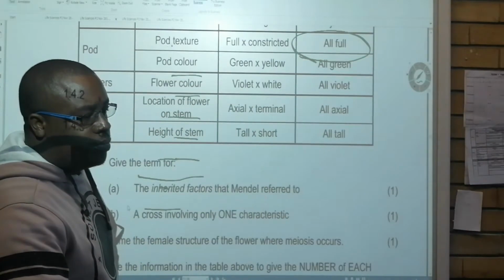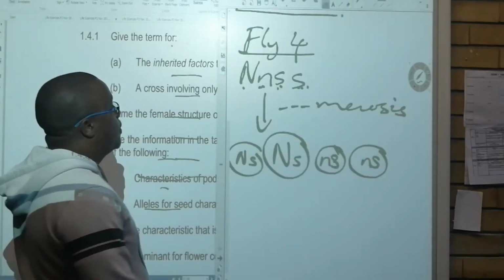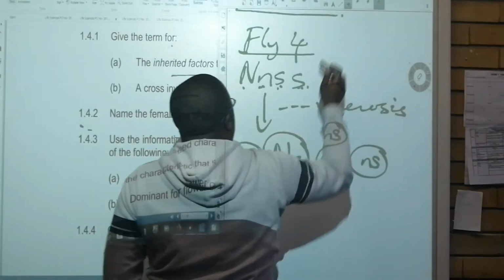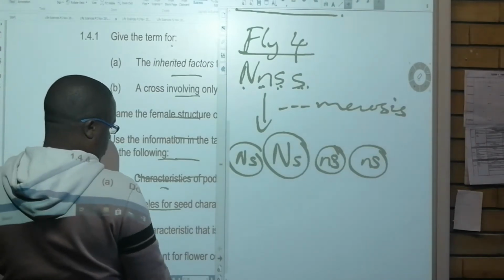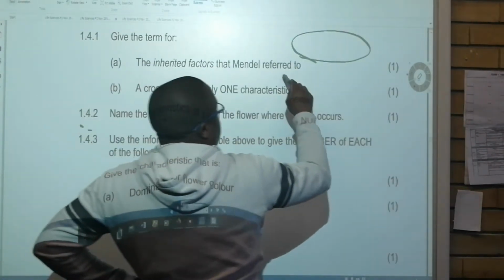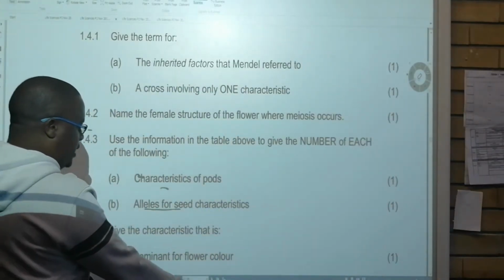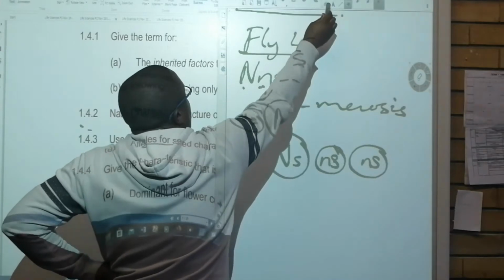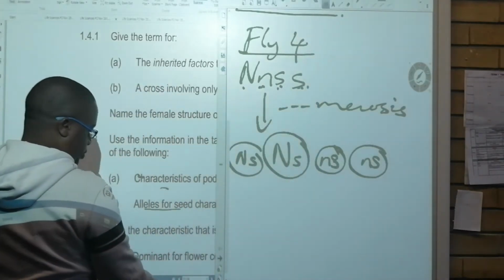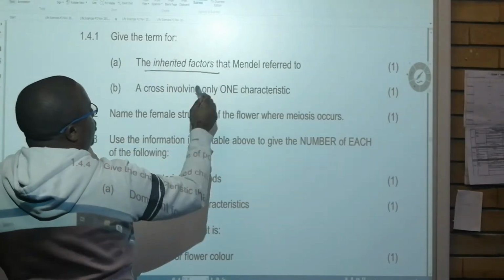Give the term for inherited factors. What are the inherited factors?